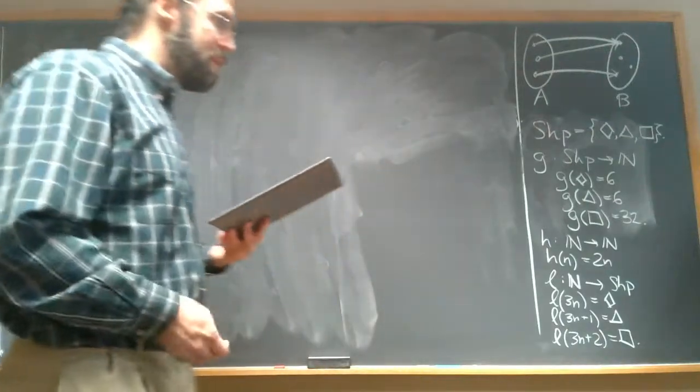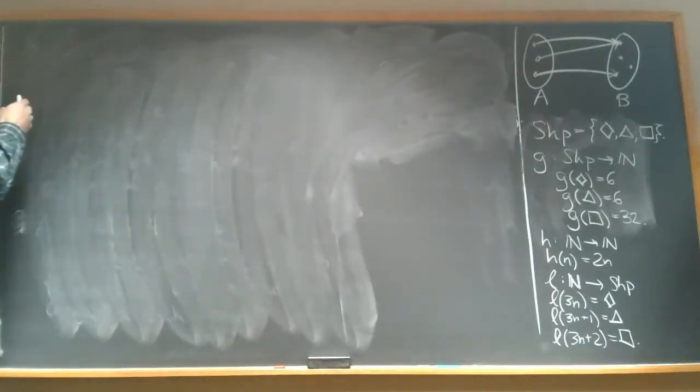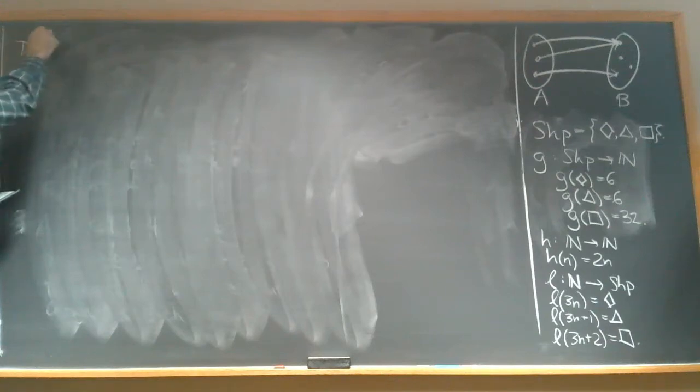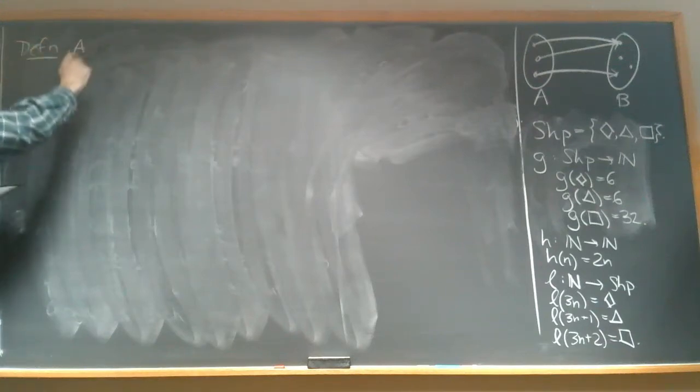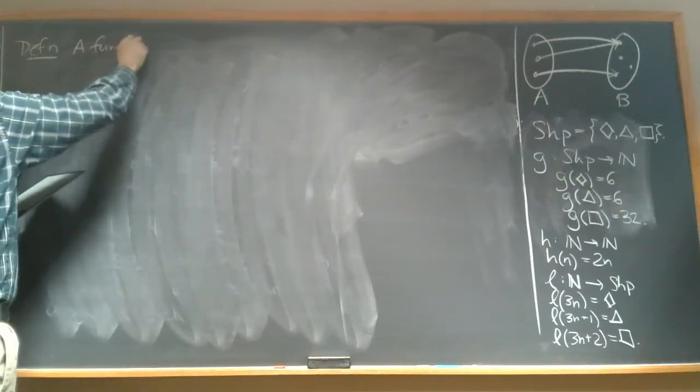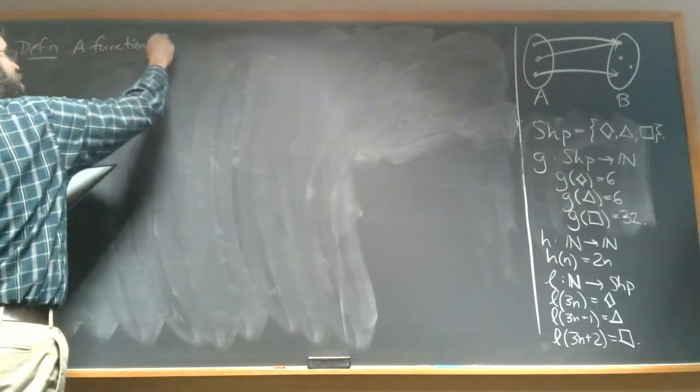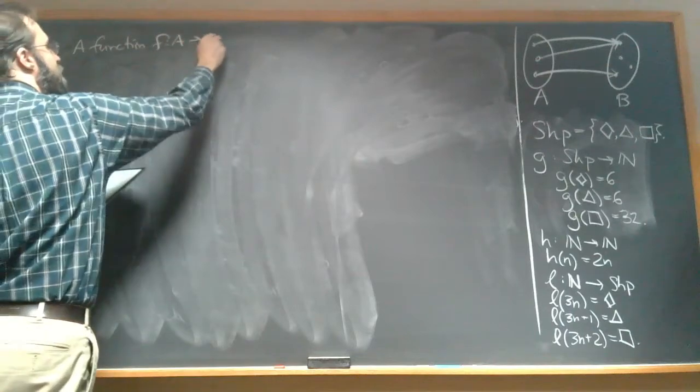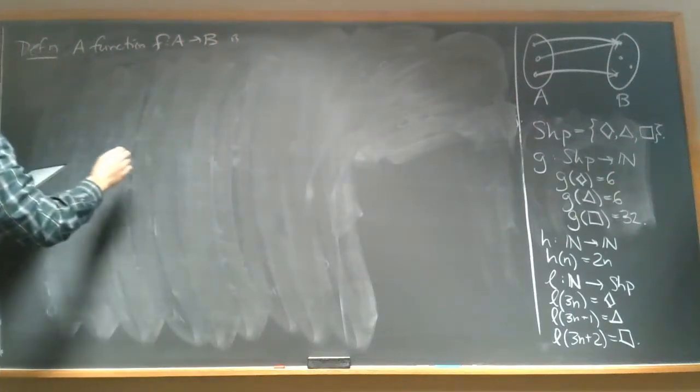Okay? So, first definition: a function f from A to B is one-to-one.